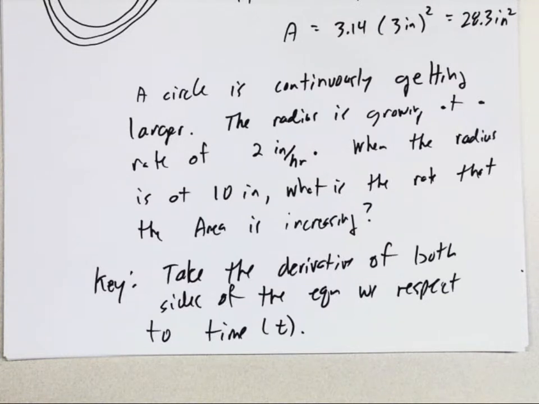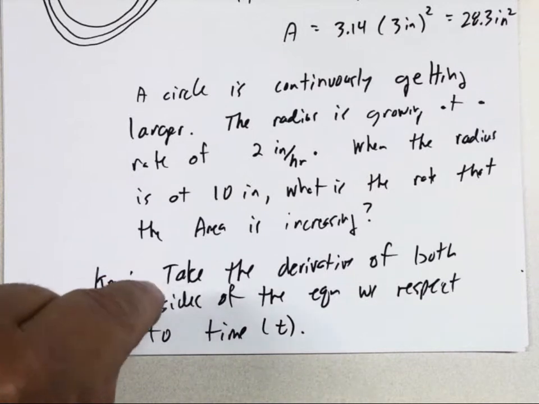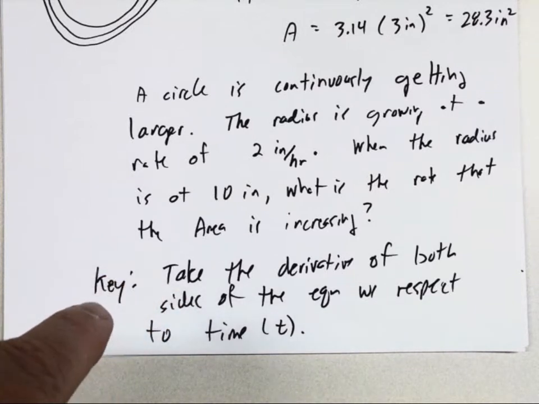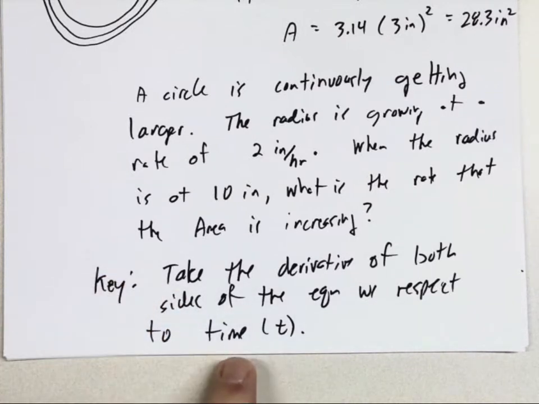They're not staying the same. They're going to ask you some questions about how things are changing. And the way you're going to answer the questions is you're going to take the derivative of both sides of the equation with respect to time.